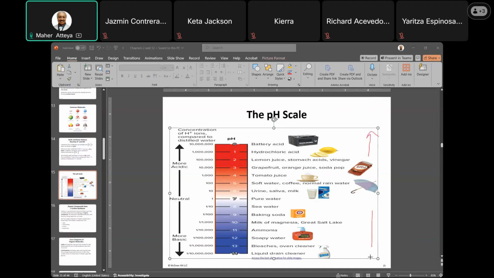If you go down, more basic. In the middle is 7. 7 is pure H2O, which is neutral. So going up to 0 is more acidic. Going down after 7, after the neutral zone, you go down, that's more basic.